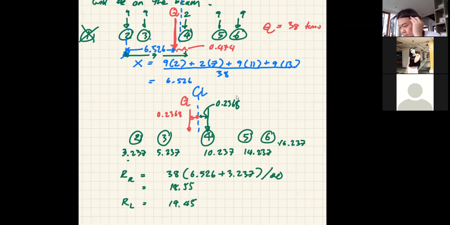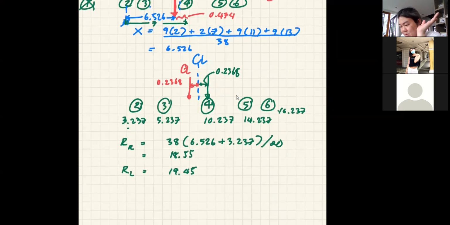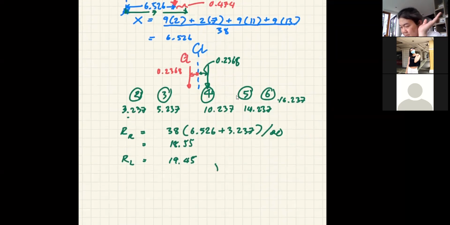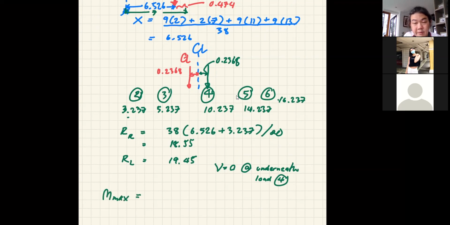And now, because we have 19.45, in order for the shear to become 0, you have to reach load number 4, right? So that's where M max is going to occur. So V is going to be 0 underneath load number 4. Okay, so as simple as that. M max is pretty easy. It may take a little long to calculate this, but it's pretty straightforward.